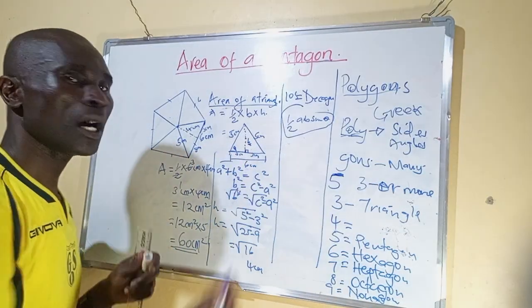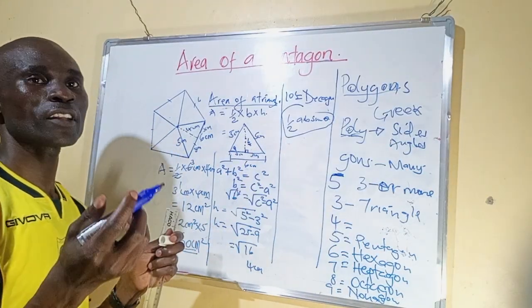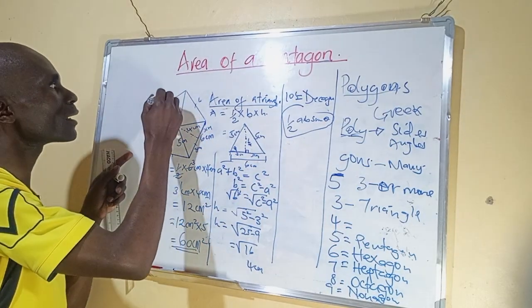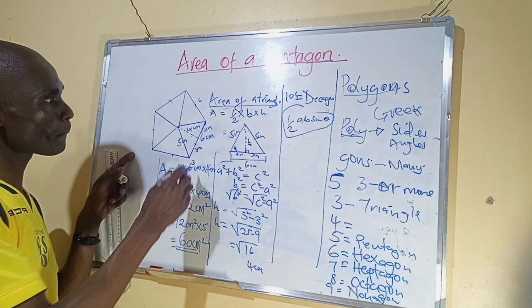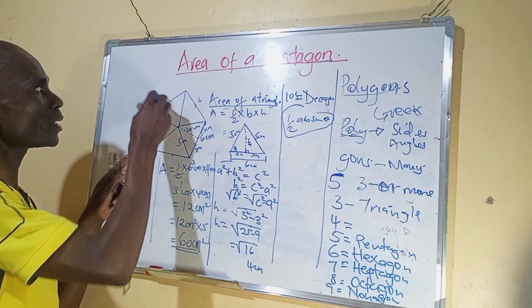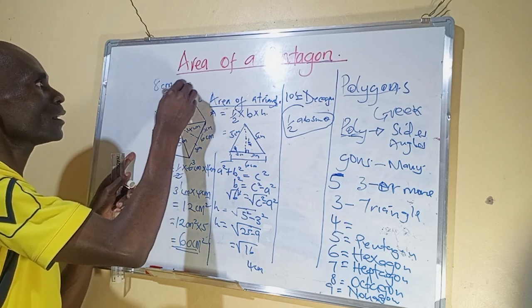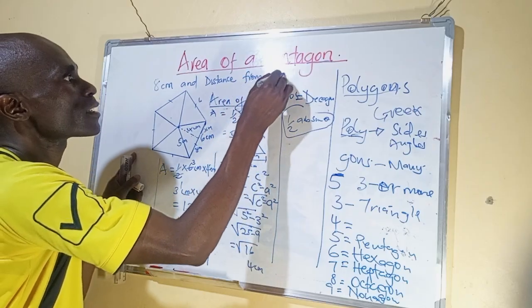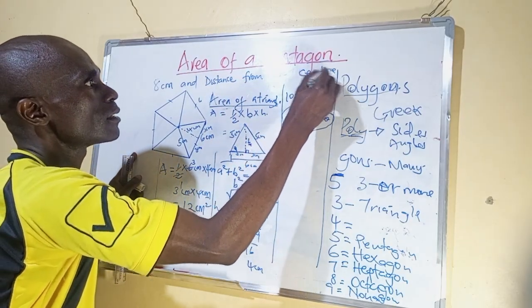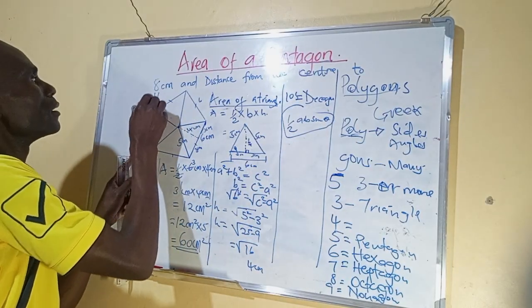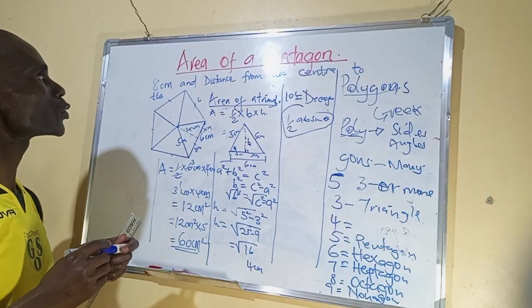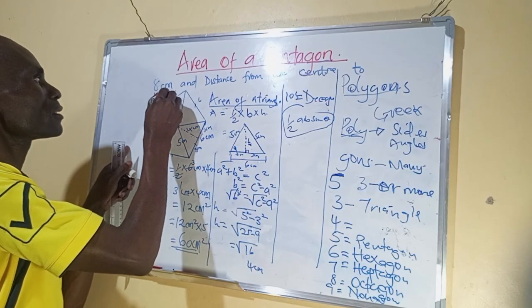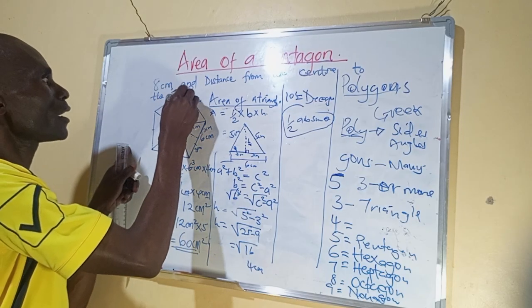Work out the area of a pentagon whose sides are, let's say, 8 centimeters, and the distance from the center to any of the vertices is, let's say, 10 centimeters.